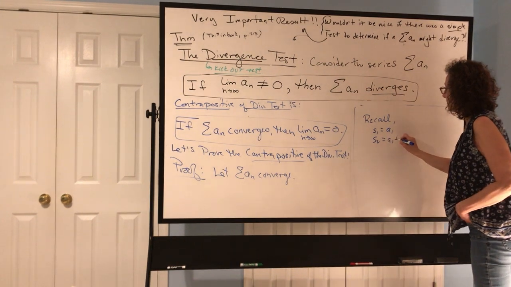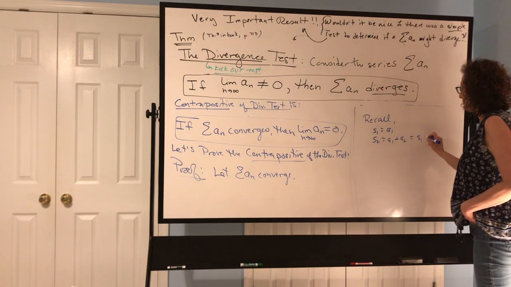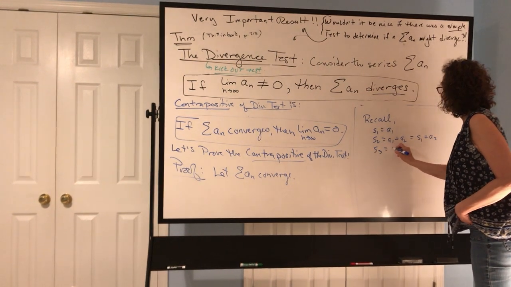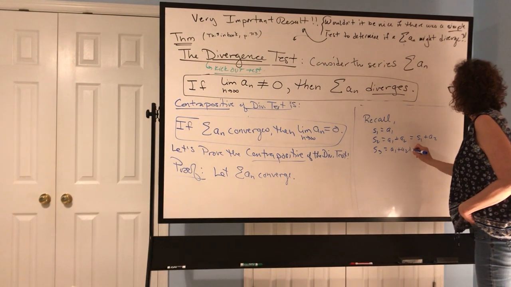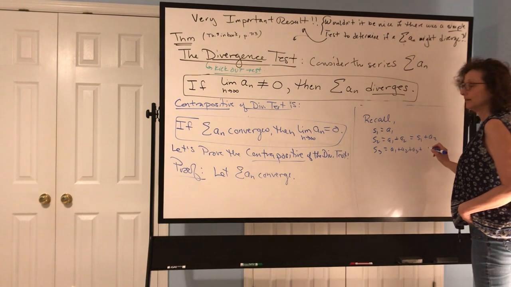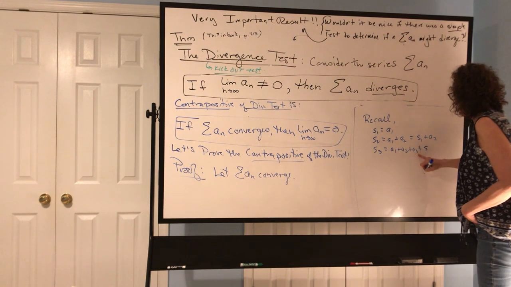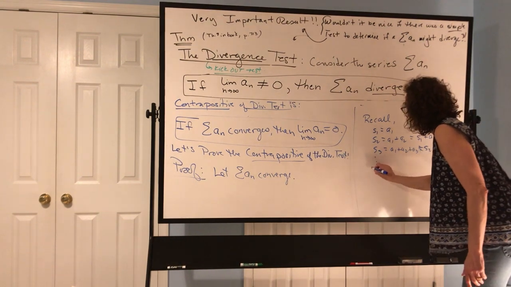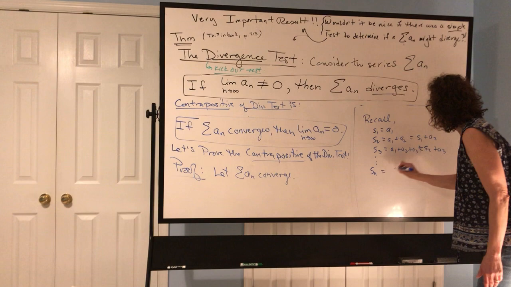S2 is A1 plus A2, but that's really S1 plus A2. We'll do one more. S3 is A1 plus A2 plus A3, but that's really S2 plus A3, right?